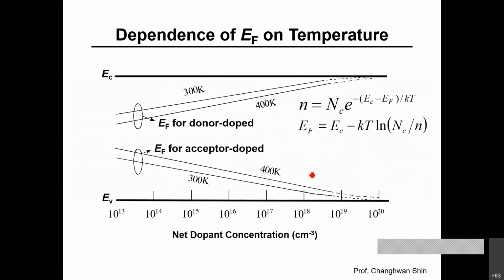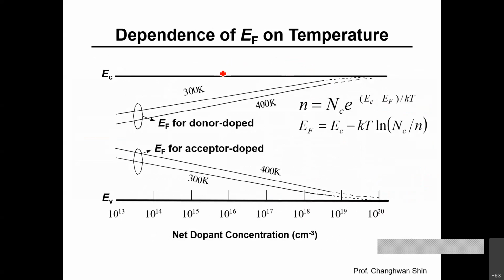The last slide in this lecture note is the dependence of Fermi energy level on temperature. I guess you may look for the contents and topics to be delivered in this lecture slide by yourself.